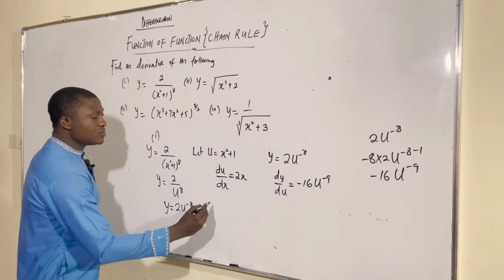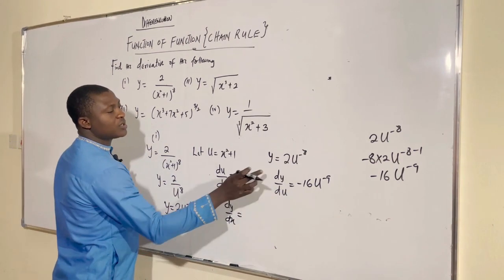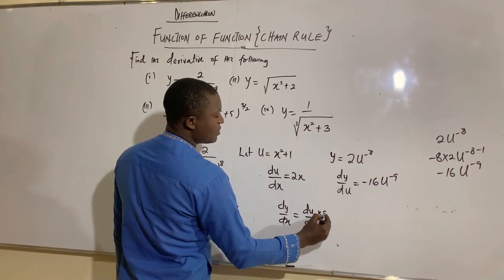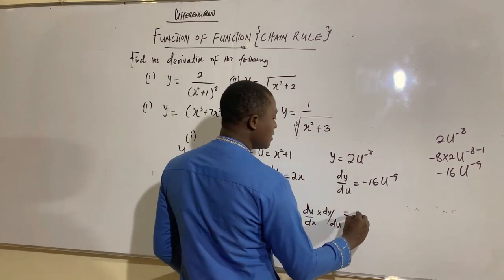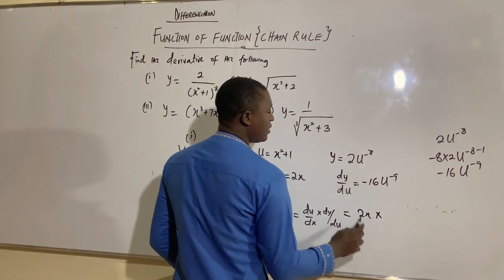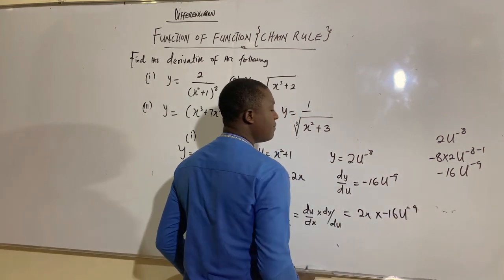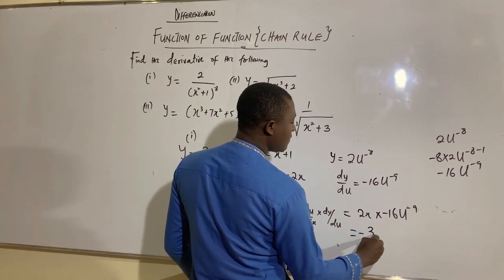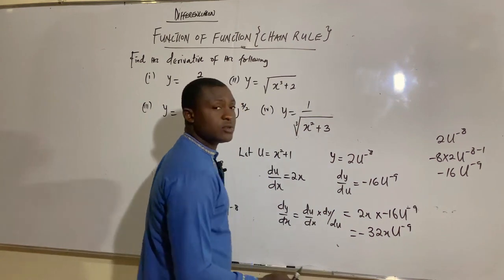Yeah, fine. Now to find dy dx, it's going to be the first one times the second one, which is du dx multiplied by dy over du. So the first one is 2x multiplied by the second one, minus 16u raised to the power of minus 9. Here I can pull out the minus: 2 times 16 gives 32x u raised to the power of minus 9.